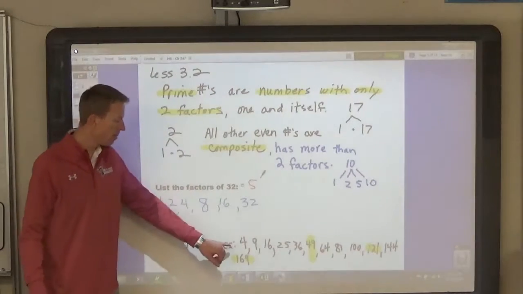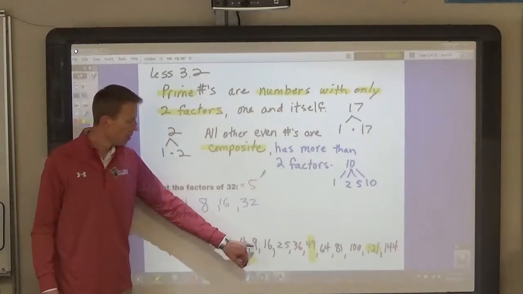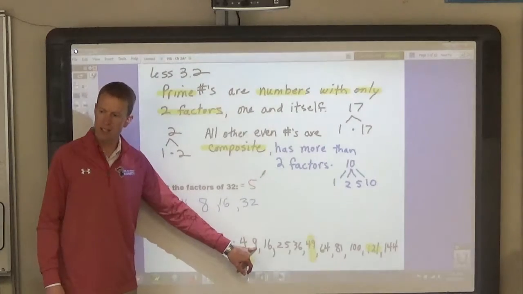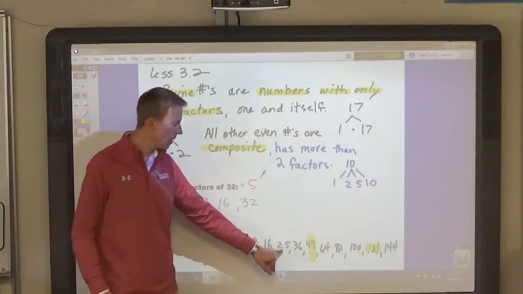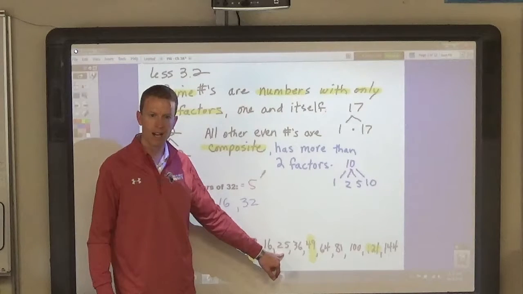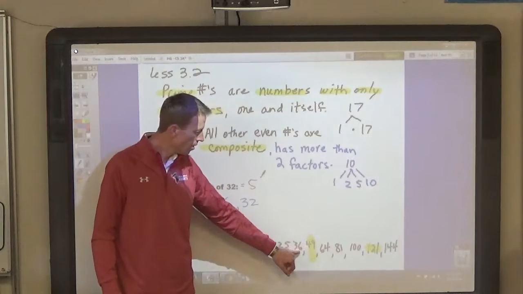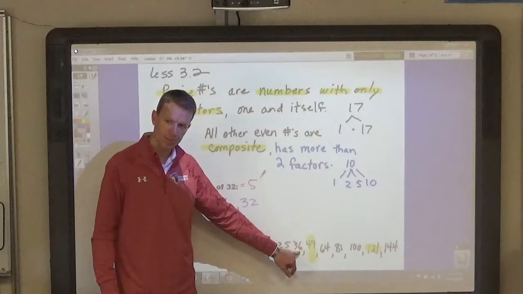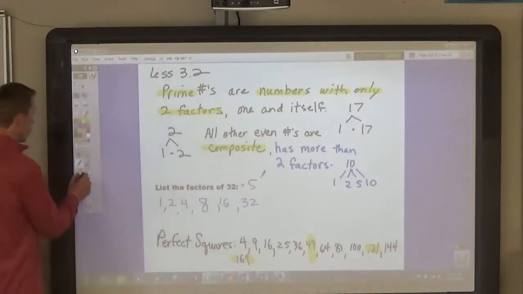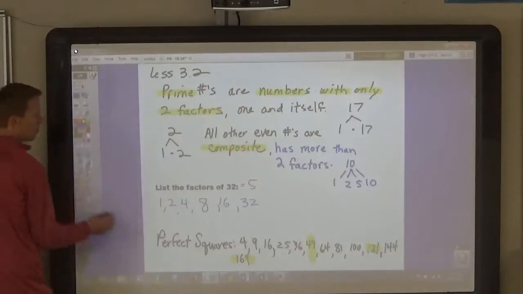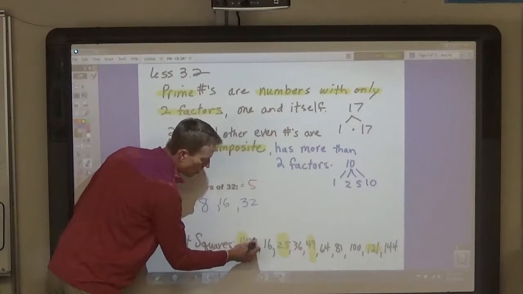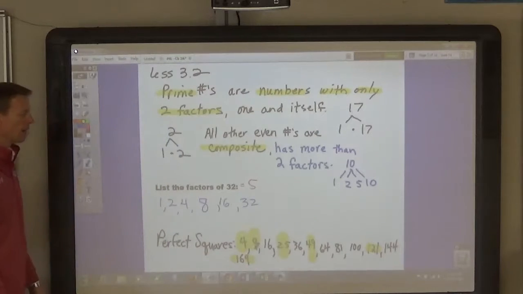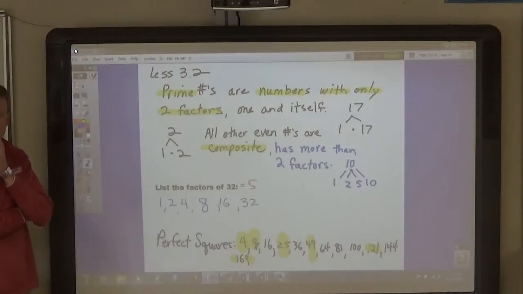So 4 is called a perfect square. 3 times 3 makes 9. 4 times 4 makes 16. 5 times 5 makes 25. 6 times 6? Yep. Now, what do these highlighted numbers have in common? Anyone know?